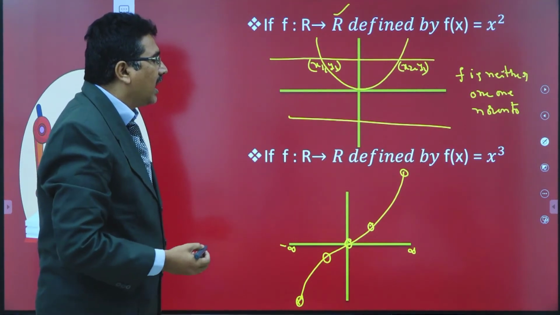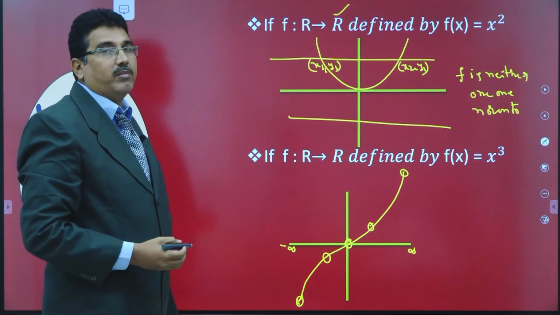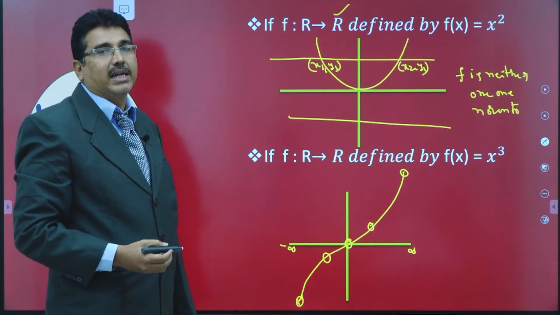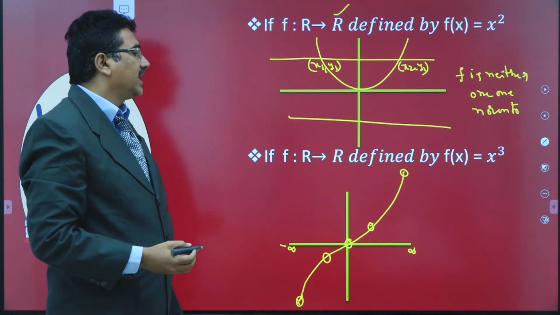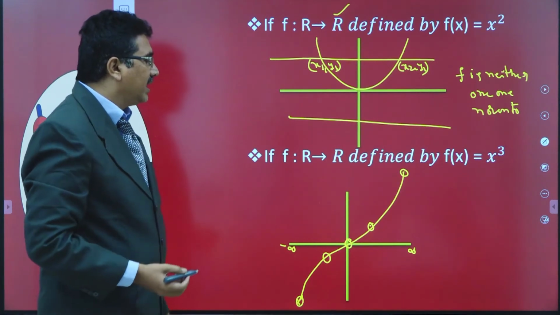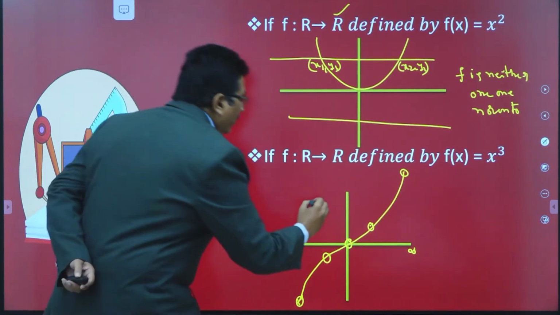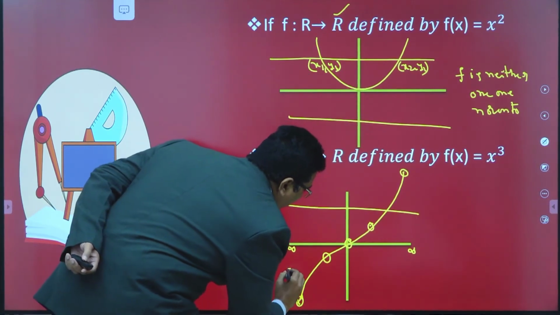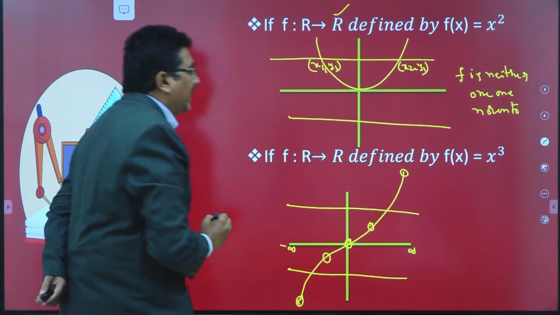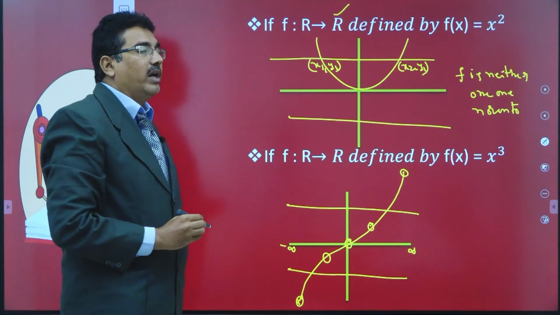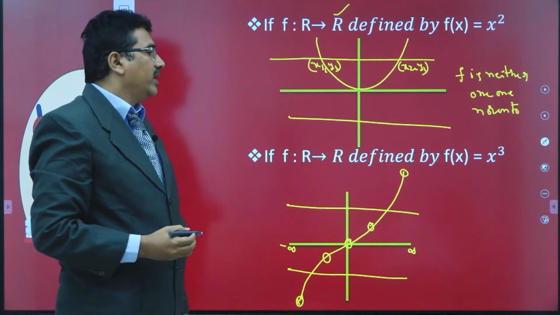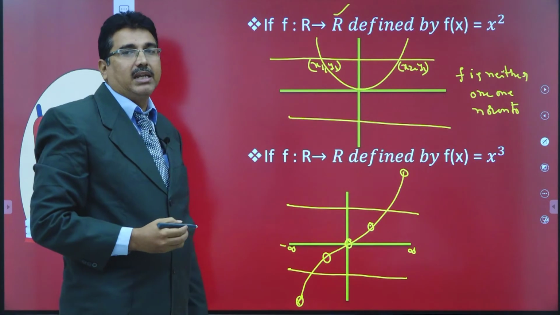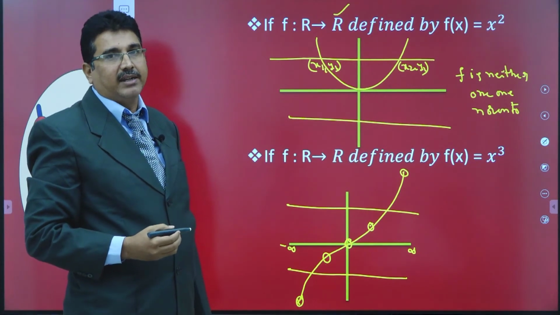Now draw a horizontal line from the points on the codomain, it intersects at only one point. In this case, we say that this function is a bijective function.